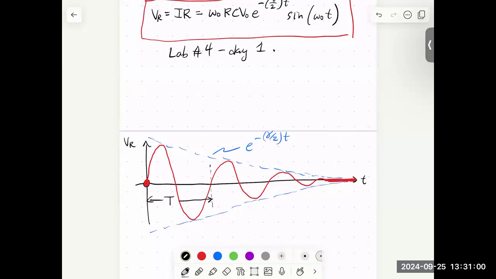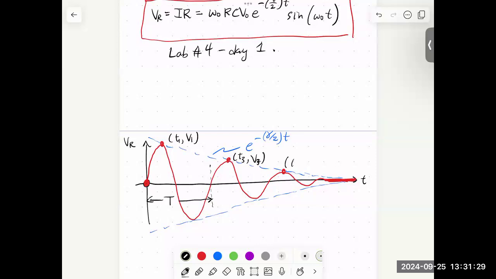So what you'll measure in the lab is the times of these peaks and the voltages of these peaks. This will be at time t1, we have voltage v1. And at time, I'm going to jump to t3 for a second, we're going to have voltage v3.